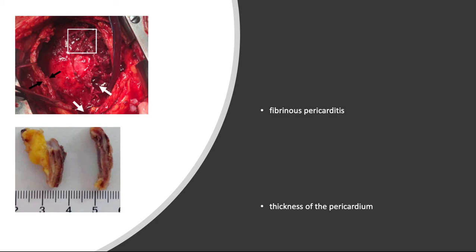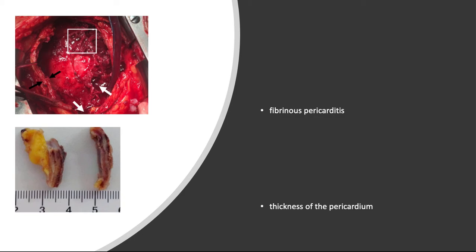The following findings came out during the pericardectomy. The gross view of the heart in situ, originally observed at the time of pericardectomy, indicated fibrinous pericarditis, massive hemorrhagic pericardial effusion, and thickened pericardium. The maximum thickness of the pericardium is more than 6 millimeters.